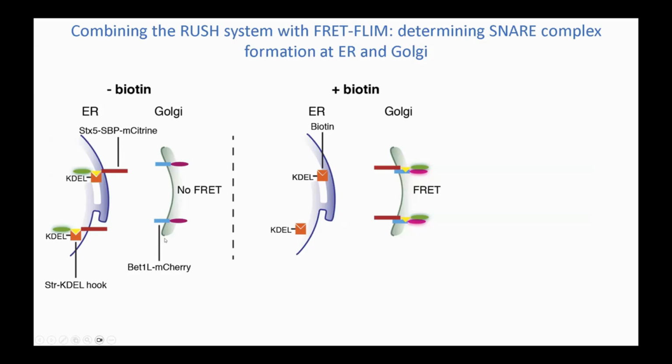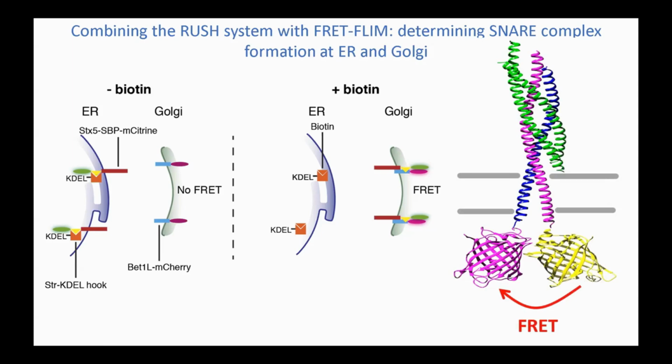This is a Golgi SNARE, so in the absence of biotin, syntaxin 5 with mCitrine, the donor, is confined to the ER because it binds to the KDEL hook. mCherry-BET1L is mainly at the Golgi, so we expect no Förster resonance energy transfer. Now we add biotin to the cells. The biotin chases it off, and we start seeing Förster resonance energy transfer.